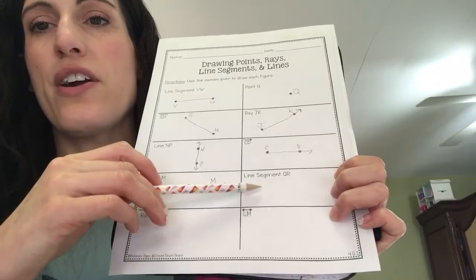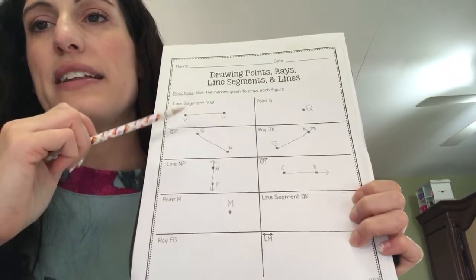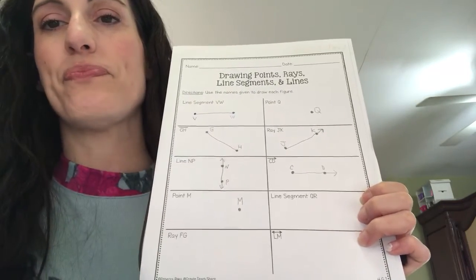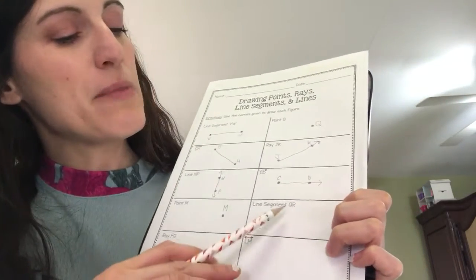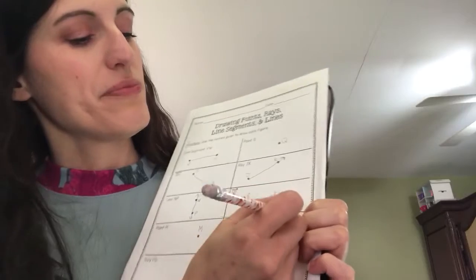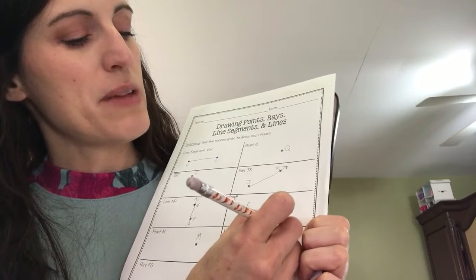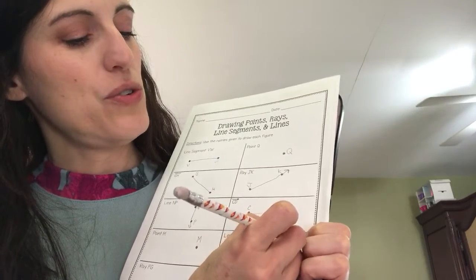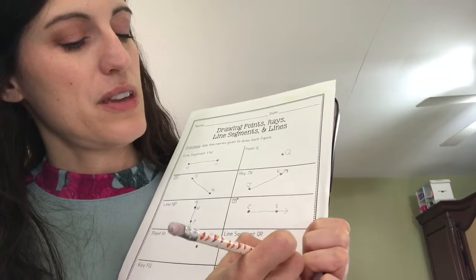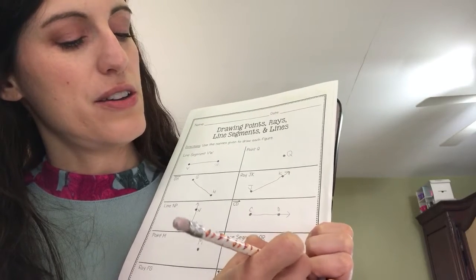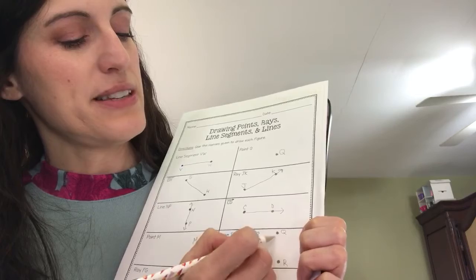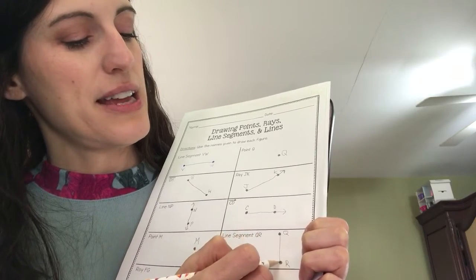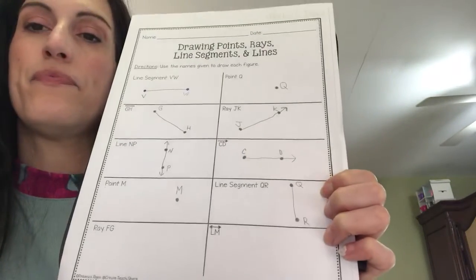So no arrows in the line segment, kind of like this first one we did. So this segment is going to be labeled QR. So I'm going to make mine up and down this time. Q and R. No arrows because it is just a segment.